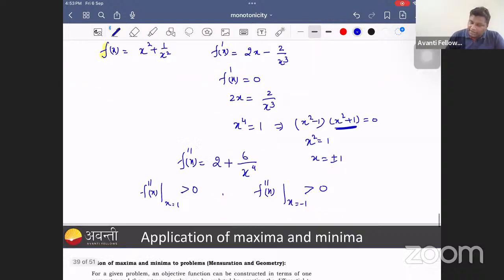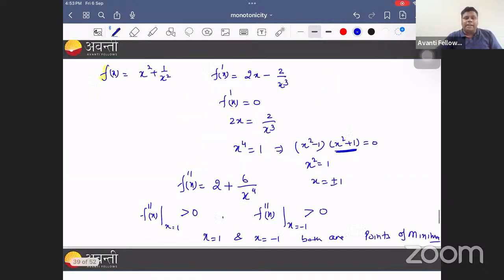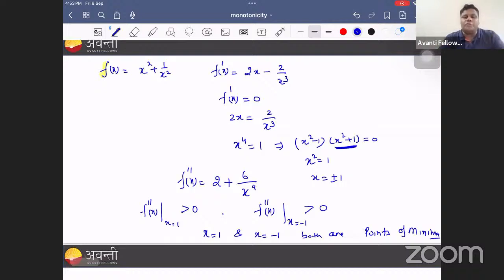That means x equals 1 and x equals minus 1 both are points of minima. Now I have a question for every one of you, and whoever replies correctly will get a prize from me.